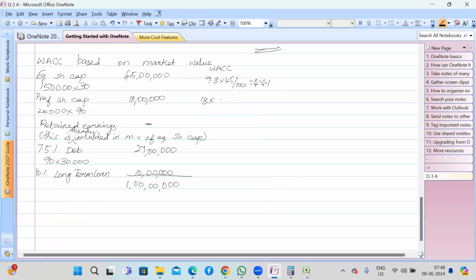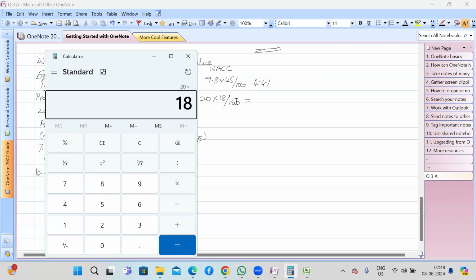Here the 20% into 18 lakhs divided by 100, that is 1 crore, so 20 into 18 divided by 100 is 3.6.